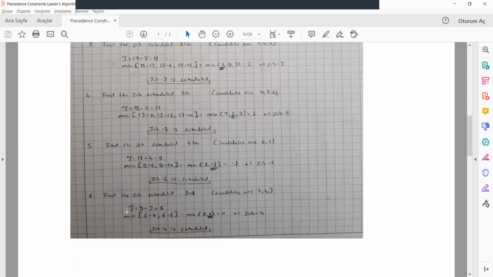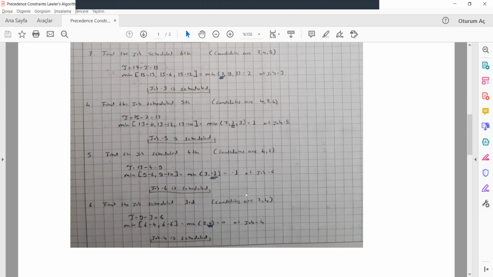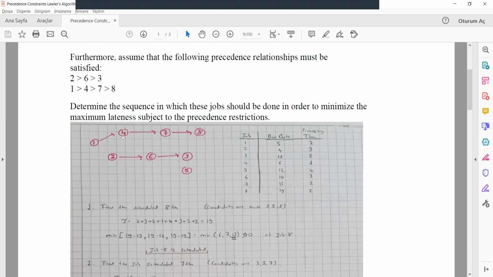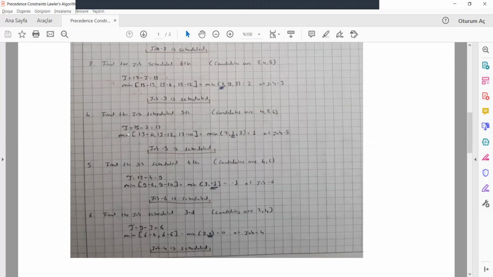Our new updated processing time is 6, and our candidates are the second and fourth jobs. We take the difference between the processing time and the due dates of our candidates. We get this result, and the minimum is at job 4, so job 4 is scheduled.